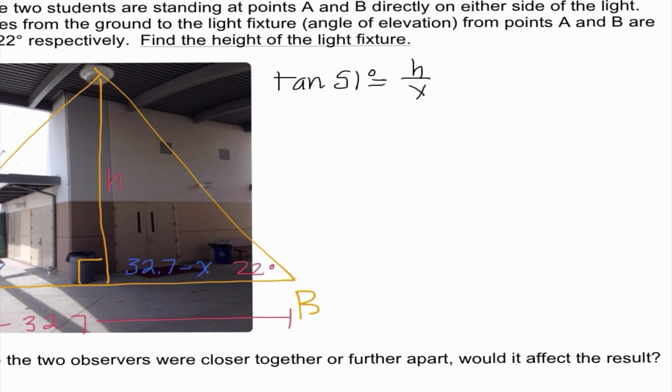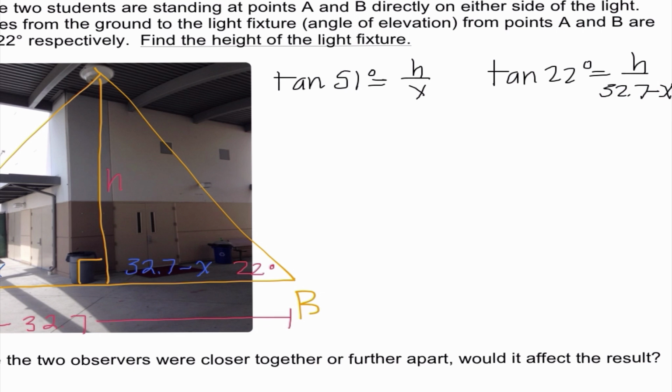My other equation here, with 22 degrees, I know the opposite and the adjacent, so I'm going to say tan of 22 degrees equals h over 32.7 minus x.